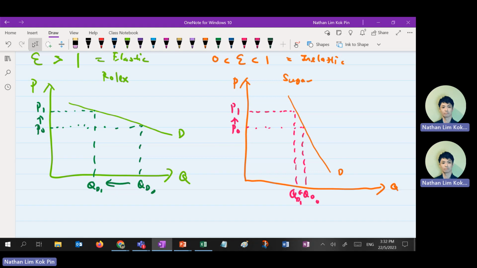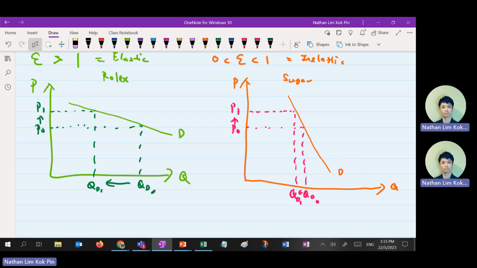In here, if I'm not responsive, you can also use inflexible and insensitive. In this type of product, I'm not sensitive, I'm not flexible. I will still have to buy regardless. Even if the price changed by a lot, I still have to buy sugar, I still have to buy salt.